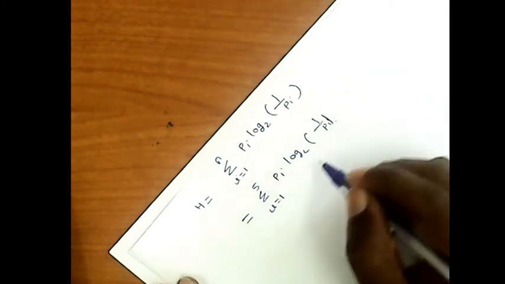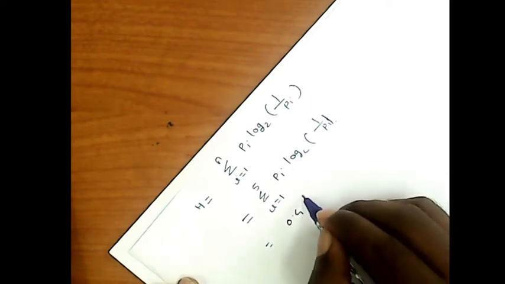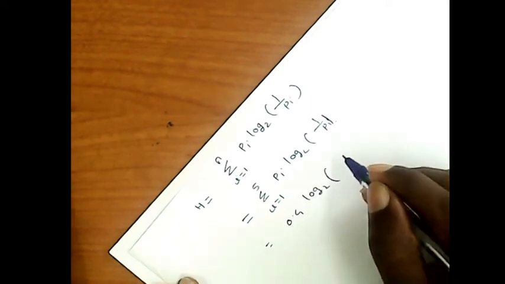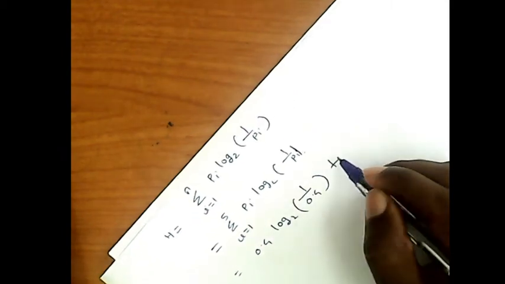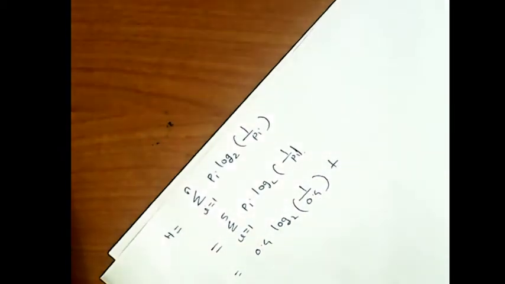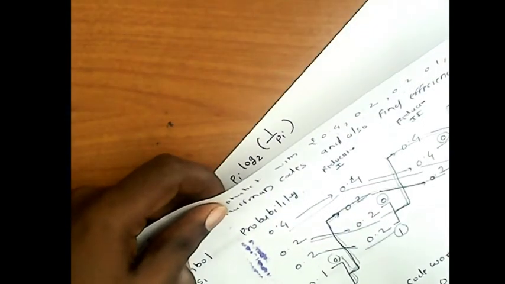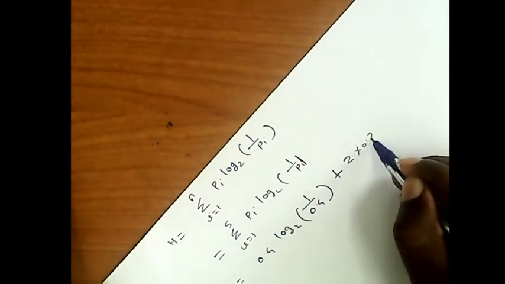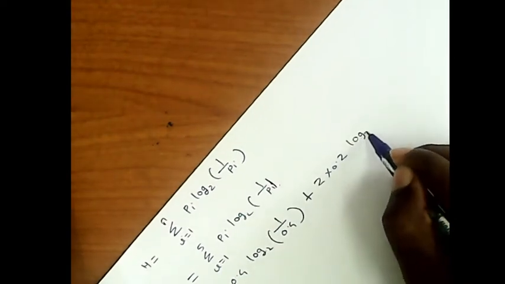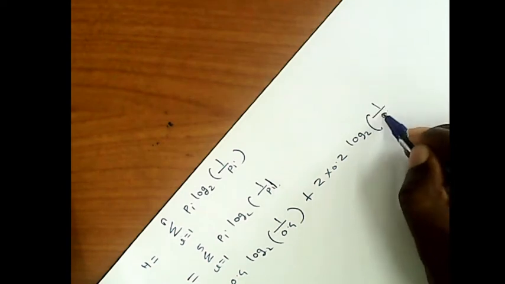Okay. So the first probability is 0.4 log to the base 2 of 1 upon 0.4. Then the symbols having probability 0.2 occur 2 times, so we can take 2 into 0.2 log to the base 2 of 1 upon 0.2.